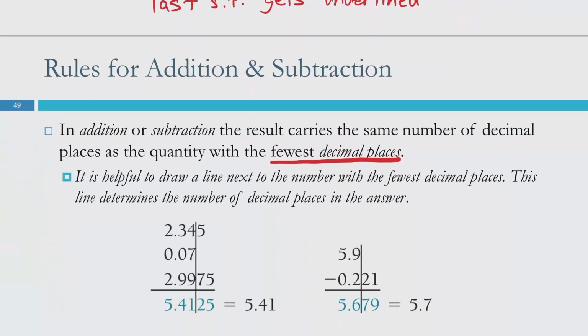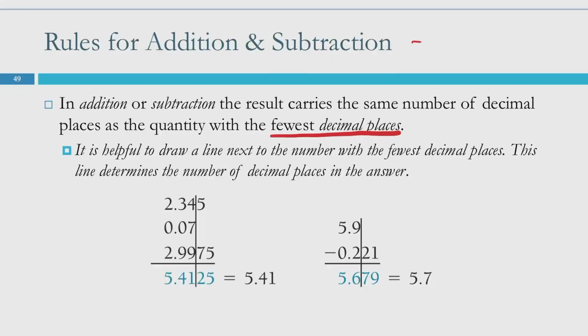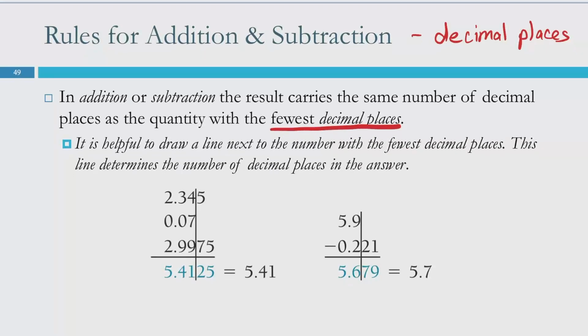For addition and subtraction, we care about decimal places. A lot of the time this is numbers after the decimal. Sometimes it's numbers before the decimal. Usually it's after, so that's why we often count the fewest decimal places.